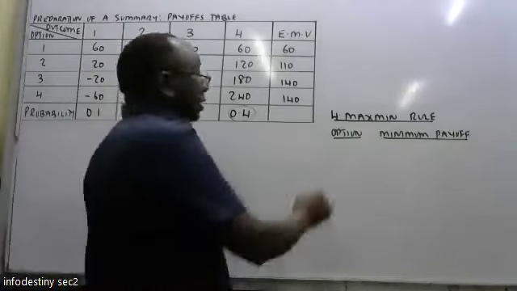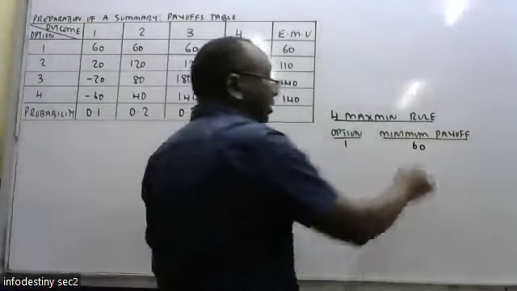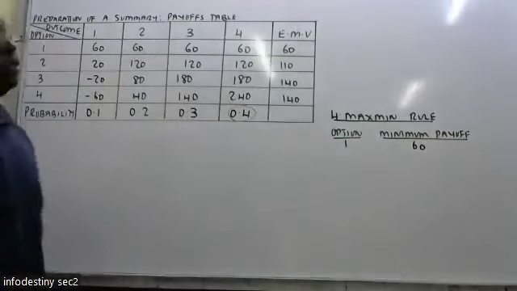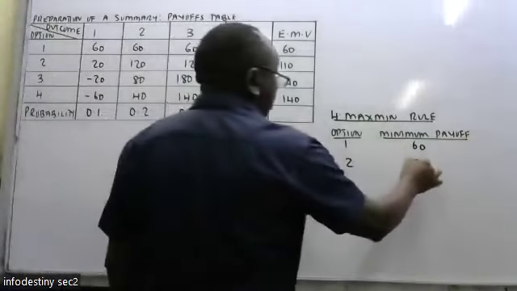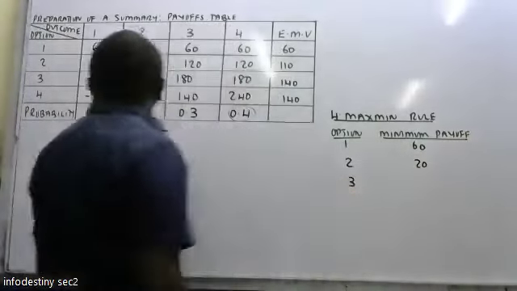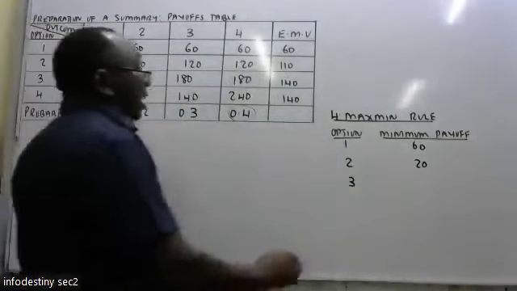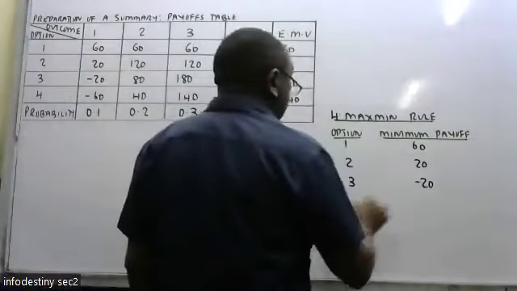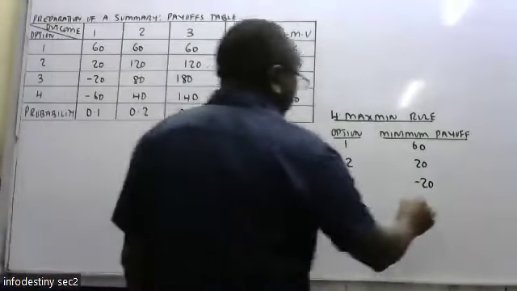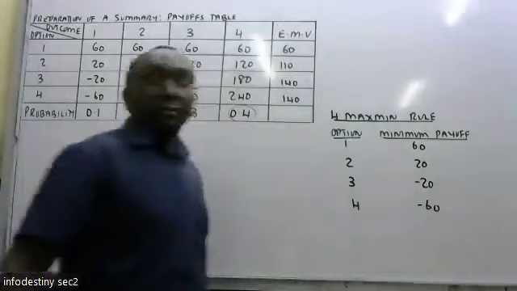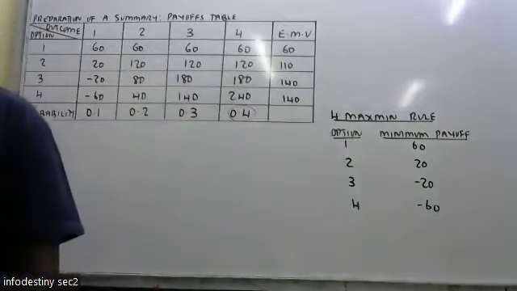So in option 1, the minimum is 60. In option 2, the minimum is 20. In option 3, the minimum is negative 20. In option 4, the minimum is minus 60.